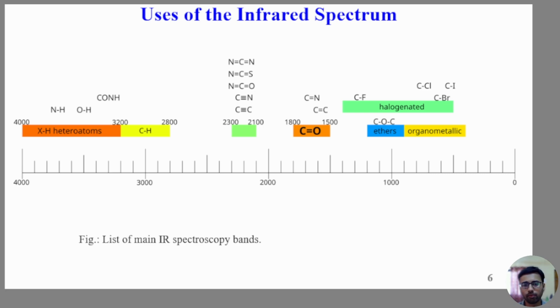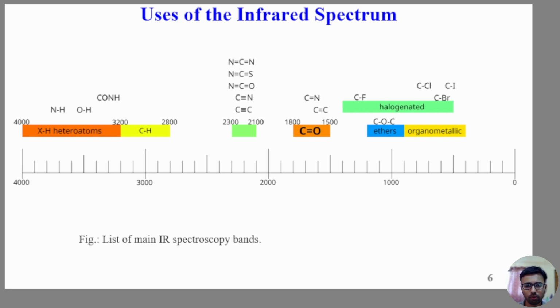This peak is one of the most recognizable signatures in organic spectroscopy. In addition to carbonyl groups, we may also observe vibrations from carbon double bond carbon and carbon double bond nitrogen bonds.